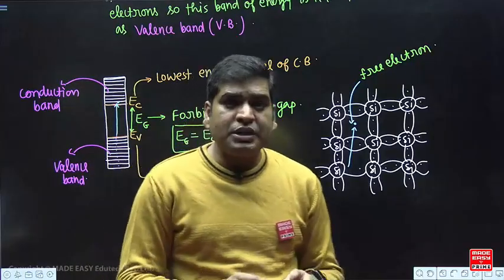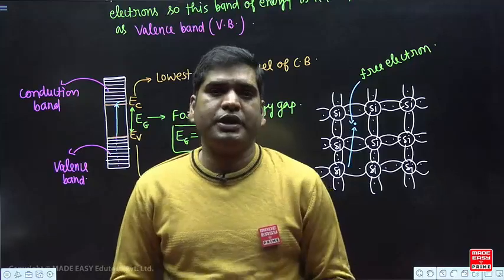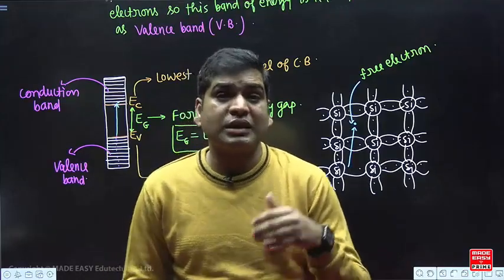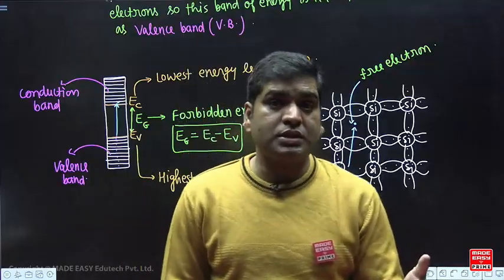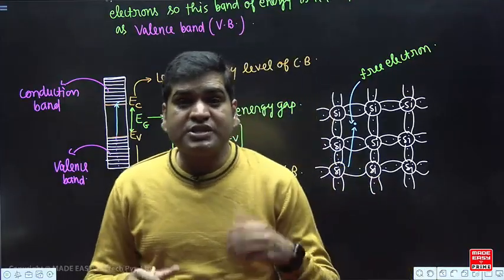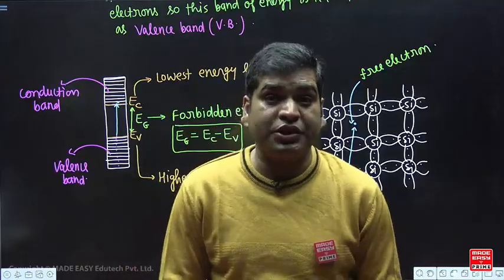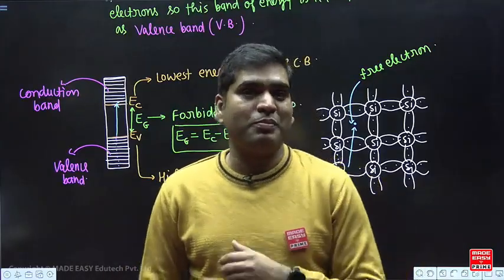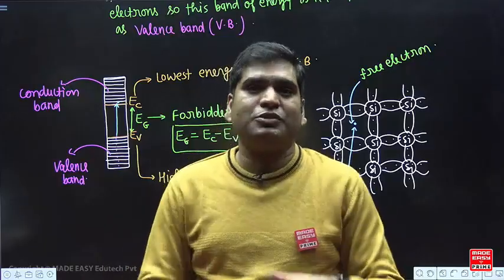Now whether a material is a conductor or an insulator will depend on how many electrons are there in the conduction band. For any material, whether it is a conductor or insulator will be decided on the basis of how many electrons have reached the conduction band from the valence band. Most of the material properties we judge at room temperature.